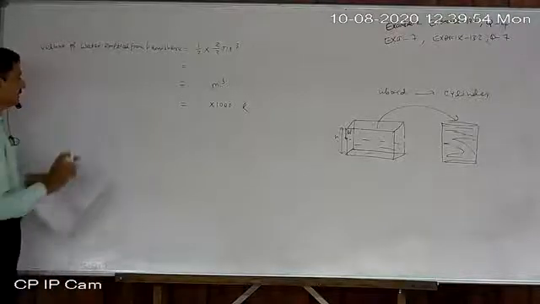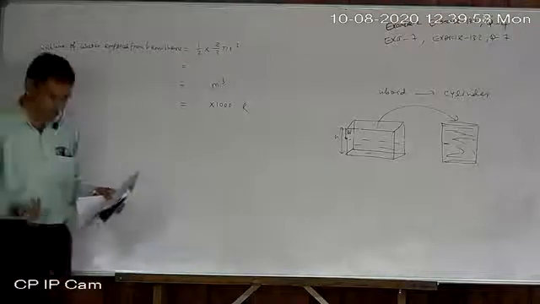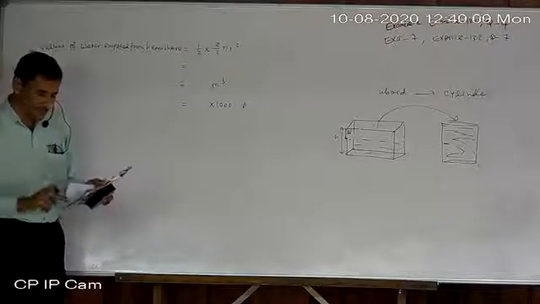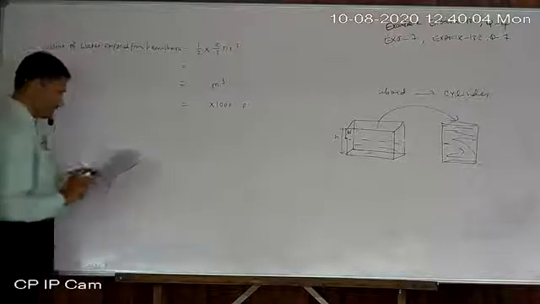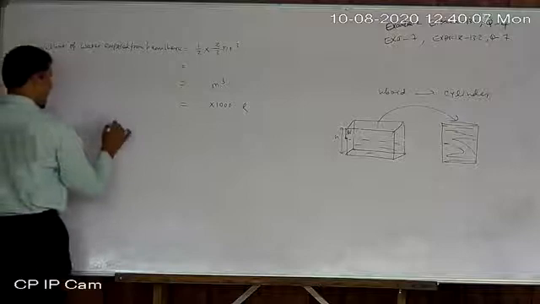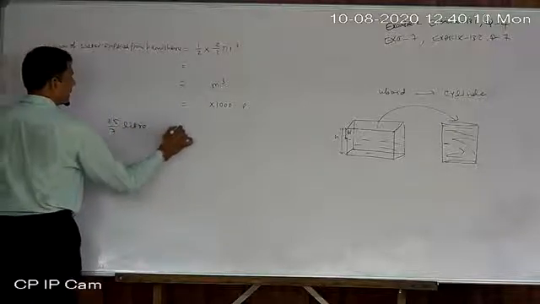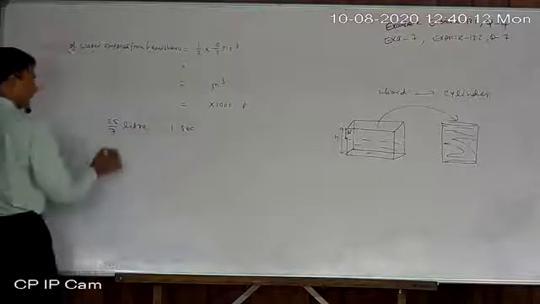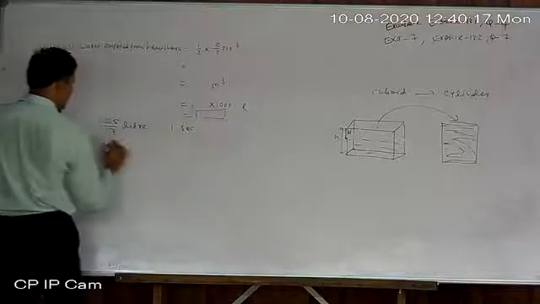Now just write the cross multiplication step. Why cross multiplication? They have given 3 integer 4 by 7 per second. So 7 threes are 21 plus 4, 25 by 7 liters is equivalent to 1 second. So you get so many liters here.